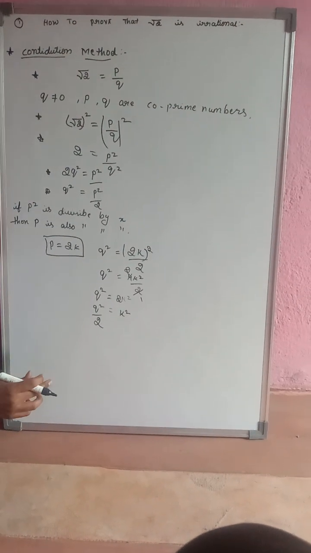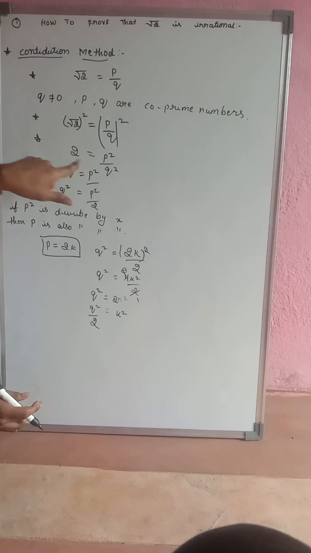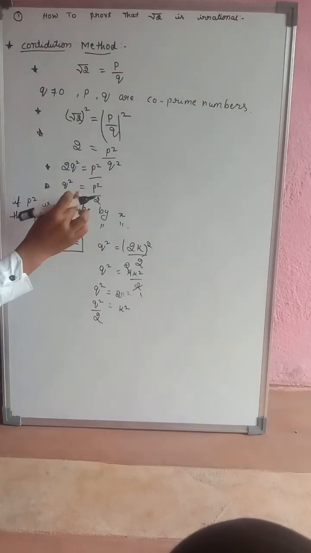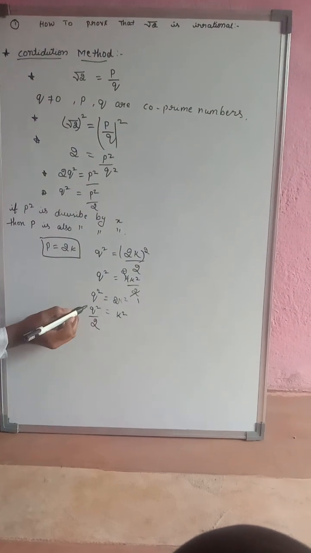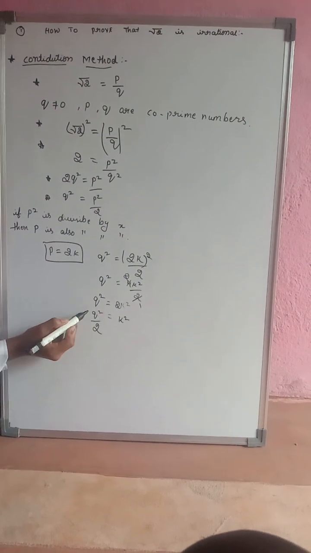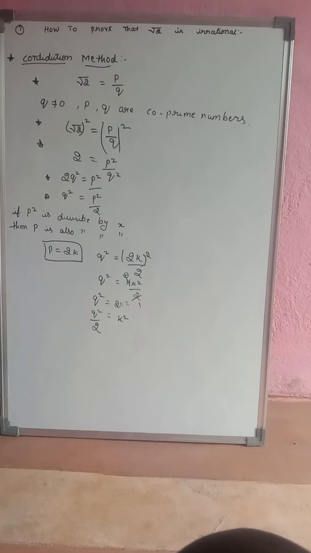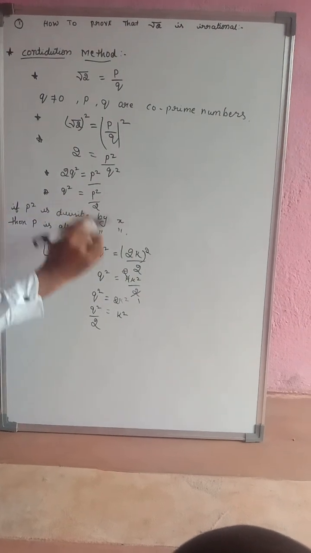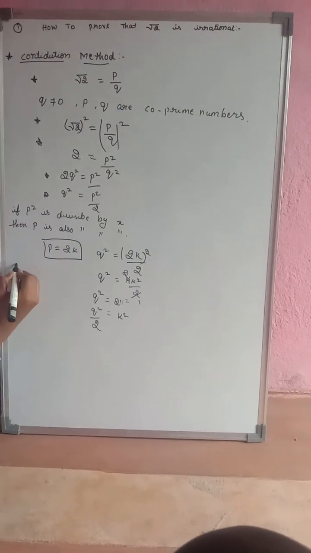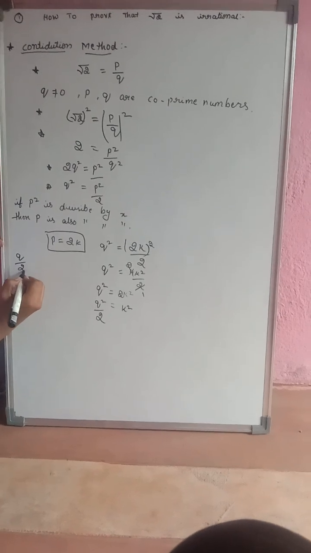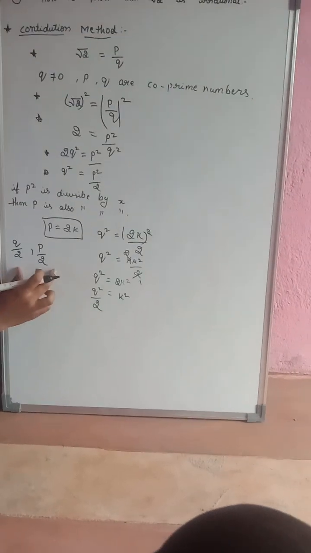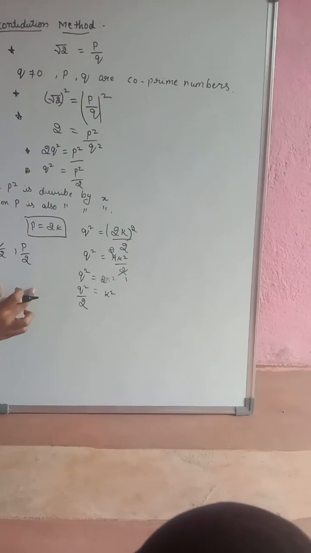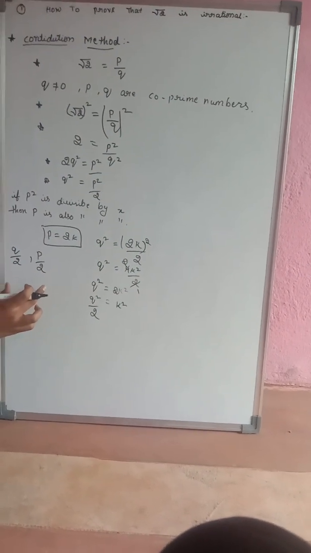In this equation p square is divisible by 2, and in this equation q square is also divisible by 2. So by this mathematical theorem we get that q is also divisible by 2 and p is also divisible by 2.